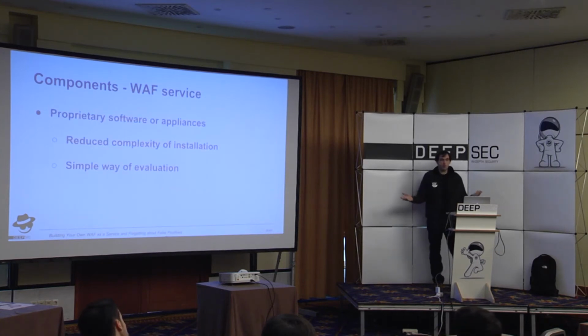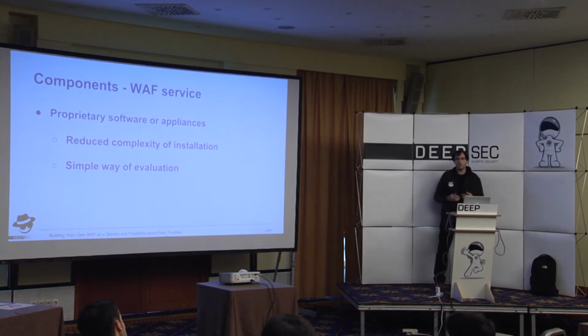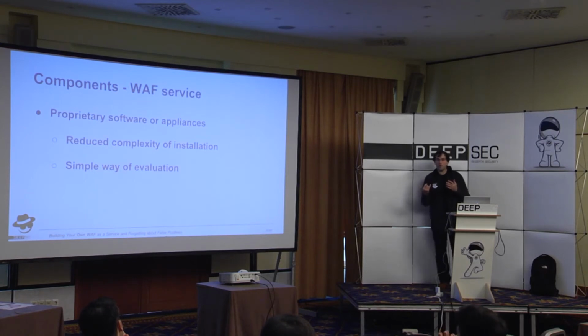And then, of course, you have proprietary software. You might say, I have a commercial WAF that I really like, and you might place it as one of these components. The key thing here is that you can put as many as you want. For example, if you are doing an evaluation and you have three of the main web application firewalls, it's quite simple to place them all behind the web application firewall service.